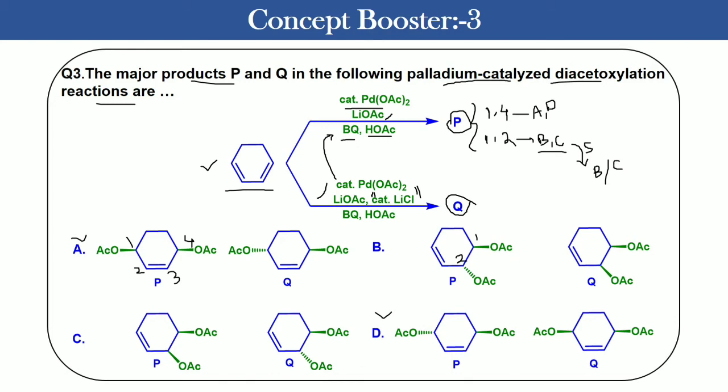And if the 1,4 diacetoxylation product is the major regioisomer, then out of A and D, one of the options will be the correct answer, if we apply stereoselectivity. So now we are concerned about regioselectivity as well as stereoselectivity to explain the product formation.